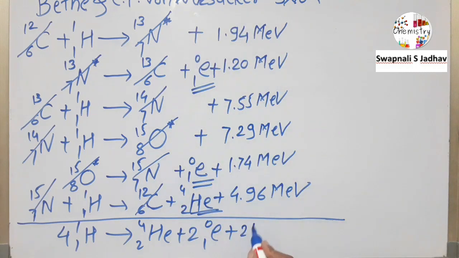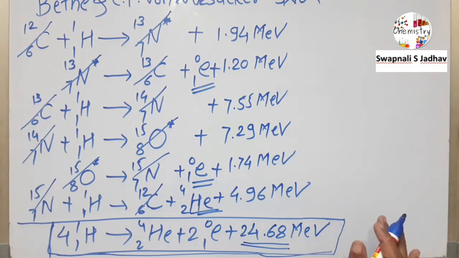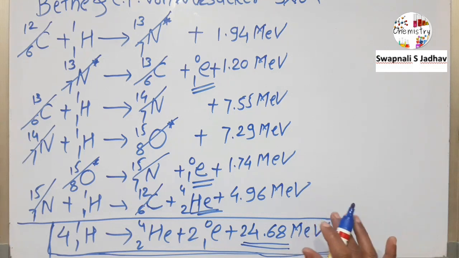How much total energy? 24.68 million electron volt. Thus the net result is conversion of 4 hydrogen nuclei into one helium nucleus with emission of 24.68 million electron volt energy per cycle.